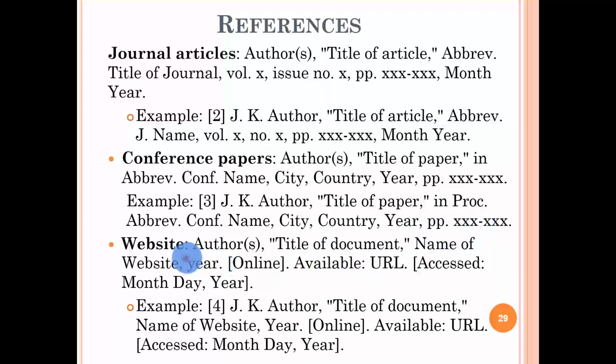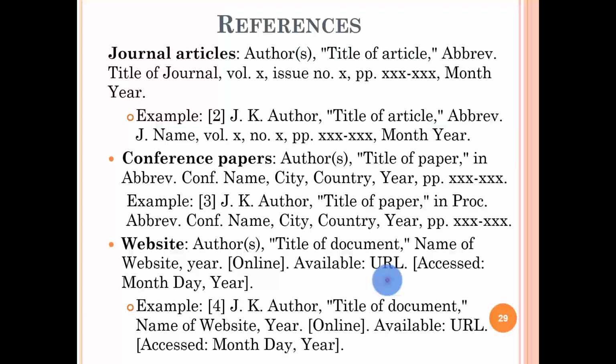And for websites, again very similar to what we have seen before: authors, title of document, name of website, year, online, and then the URL, accessed month, day, and year. So this is number 4. This is the author, the title, name of the website, year, online, and then the available URL, accessed on which month, day, and year.